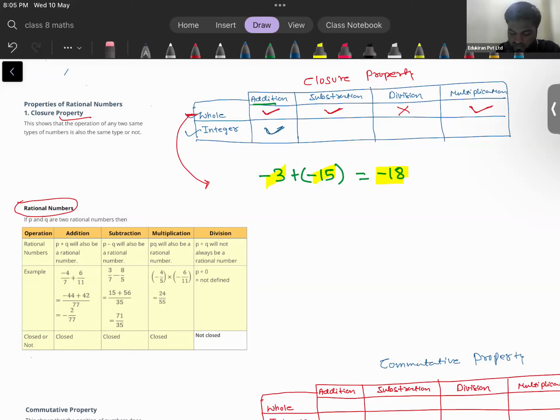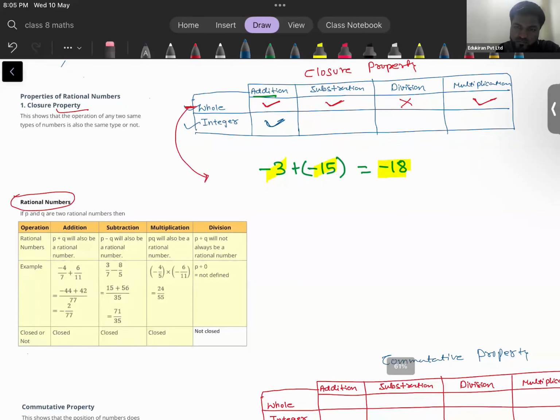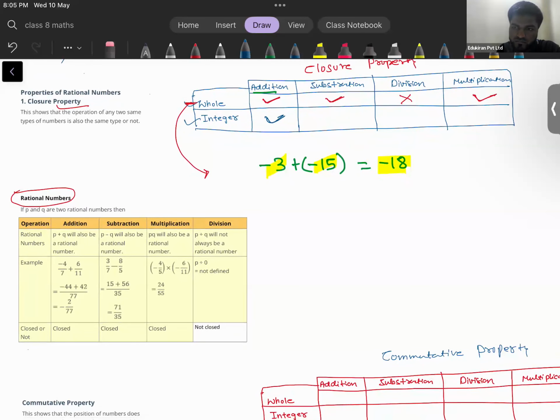What about subtraction? Let's again take an example given by you. Give me 2 examples of integers. These are the basic things, and I'm trying to get over with it very quickly, because we have to actually come to rational numbers.